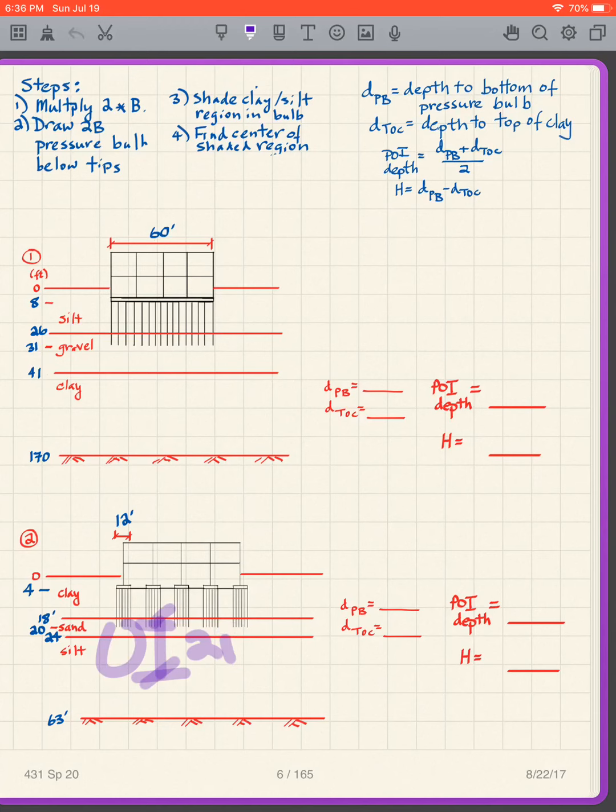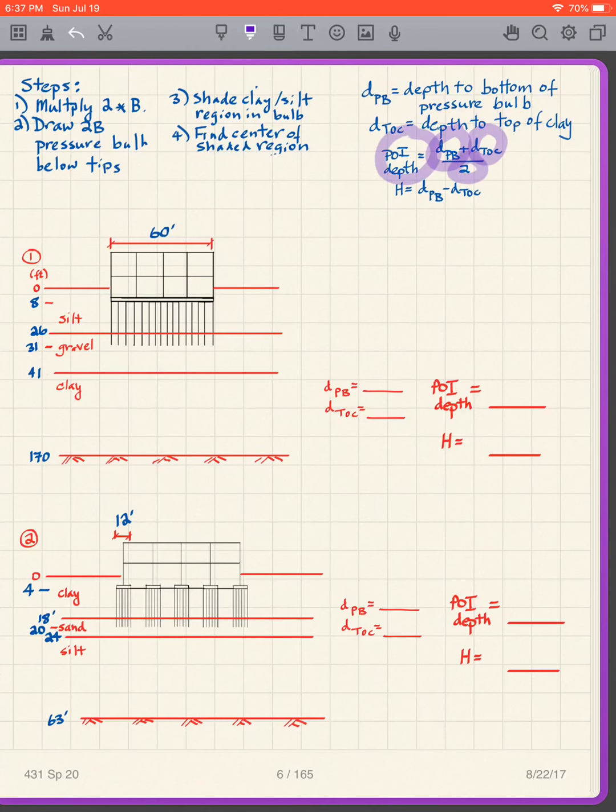So the steps are, if you remember these, to find the depth to the bottom of the pressure bulb. We find the depth to the top of the clay or silt, and then we take the depth of the pressure bulb plus the depth of the top of clay, divided by 2.